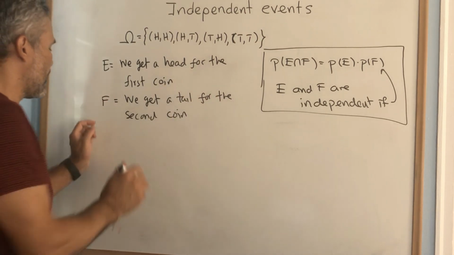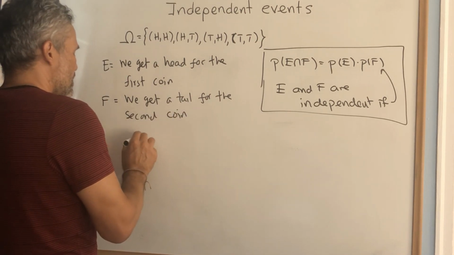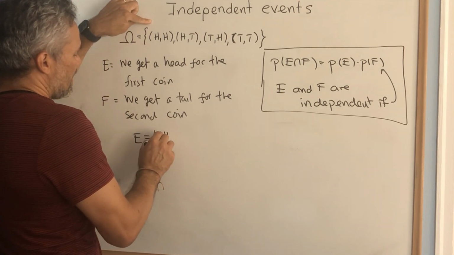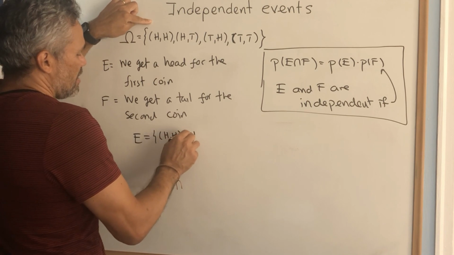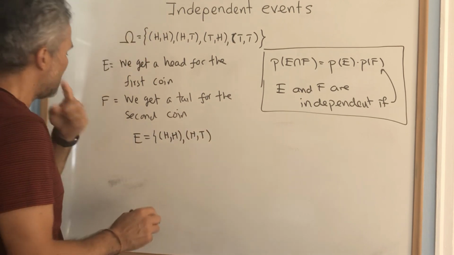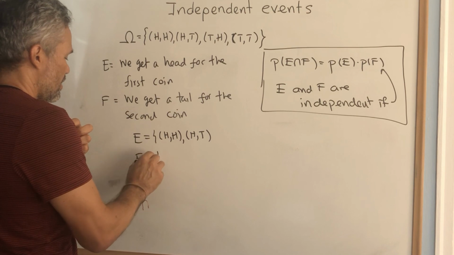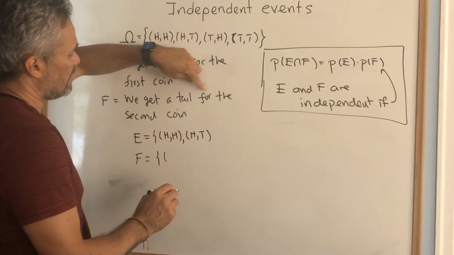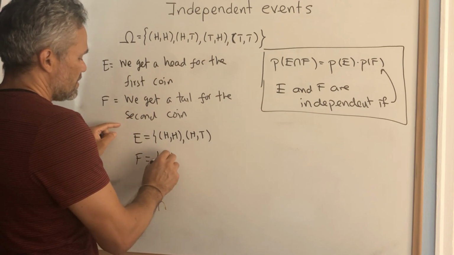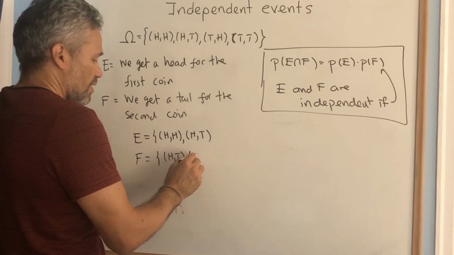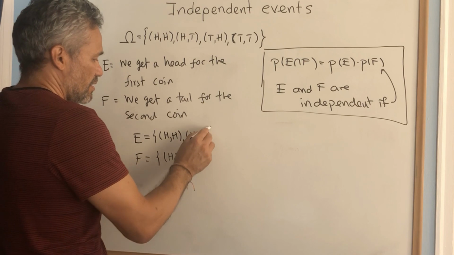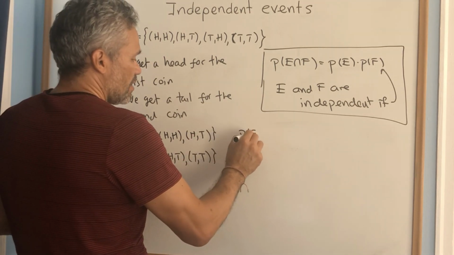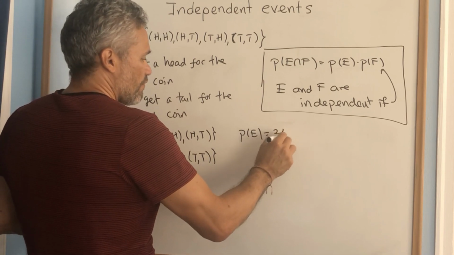Then here E is the subset head, head and head, tail, and F is the subset where we get a tail for the second, then it is head, tail and tail, tail. Then the probability of E is 2 over 4.